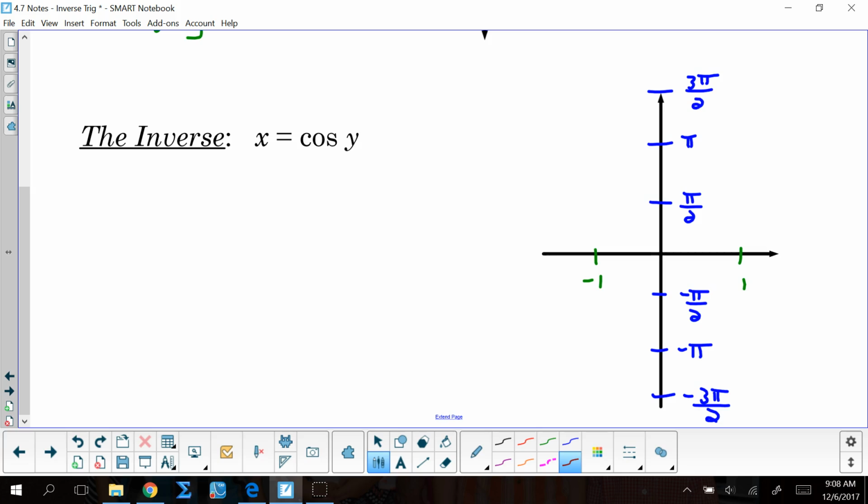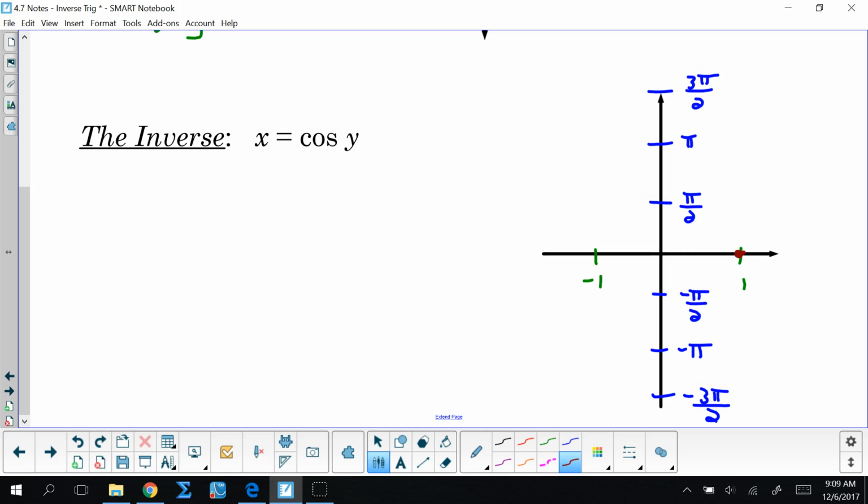Okay? So, at the point on the cosine curve, we're at the point 0, 1. So that means we are at the point on the inverse cosine curve at 1, 0. Switch the x and the y. At pi over 2, we're at 0 on the real cosine curve.